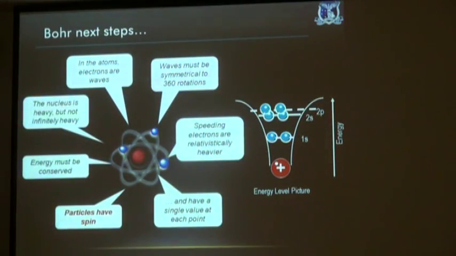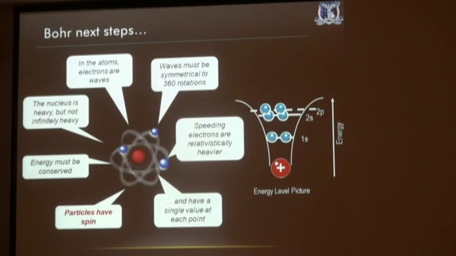After Bohr, people added to the theory to make it better, beyond hydrogen. Developing the idea of the electron wave, you have to impose symmetry. The nucleus is heavy but not infinitely heavy, as I've described. Energy has to be conserved.